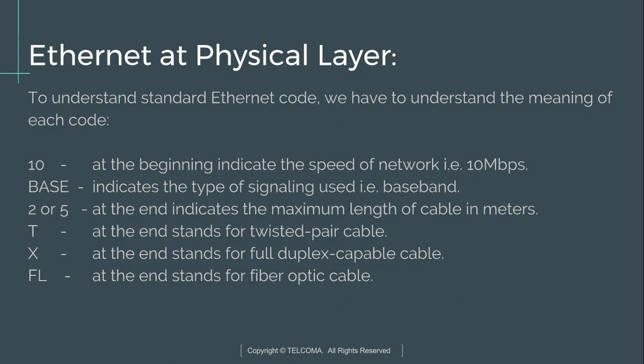Then comes 2 or 5, which at the end indicates the maximum length of the cable in hundreds of meters. Then T. T at the end stands for twisted pair cable. X at the end stands for full duplex capable cables. Then FL. FL at the end stands for fiber optic cables.